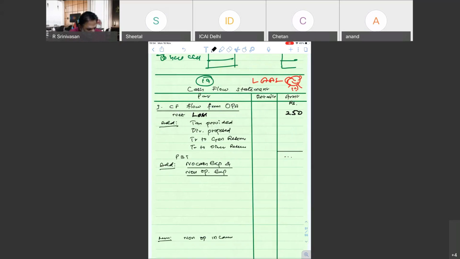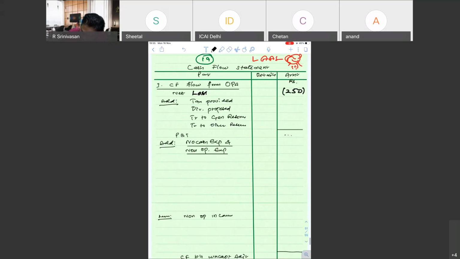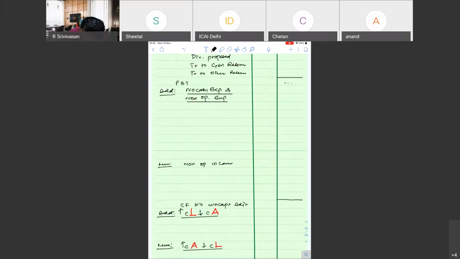Because opening profit is 250 and the current year profit is 0, so 0 minus 250 is minus 250. That is a loss. Is there any transfer to general reserve or something like that? 4,300 here also, a decrease, so it will come under non-operating. Transferred from general reserve. How much is that? 200. Okay. Right.